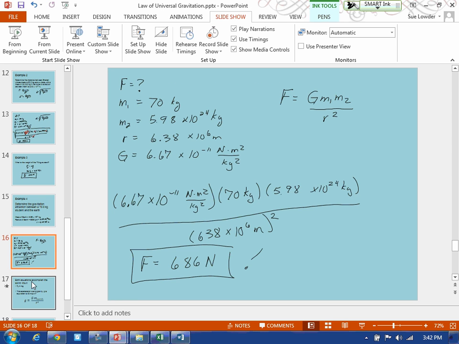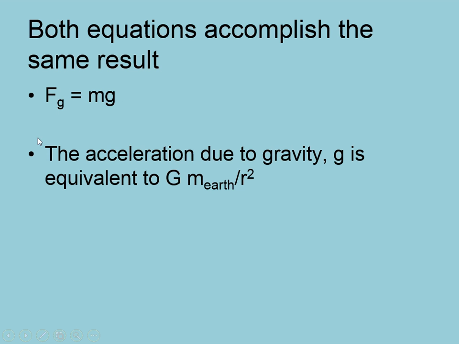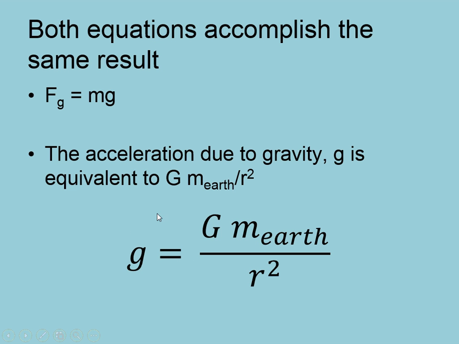So another thing you can do is look at finding the acceleration due to gravity of the Earth by saying, because Fg is equal to our law of universal gravitation, so we can say mg is equal to G, and that m being m1, the mass of the person, m1, m2 over r squared.